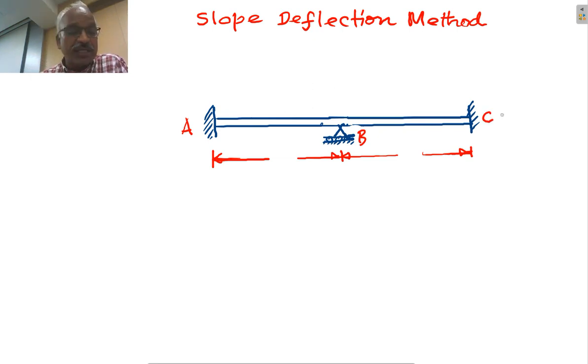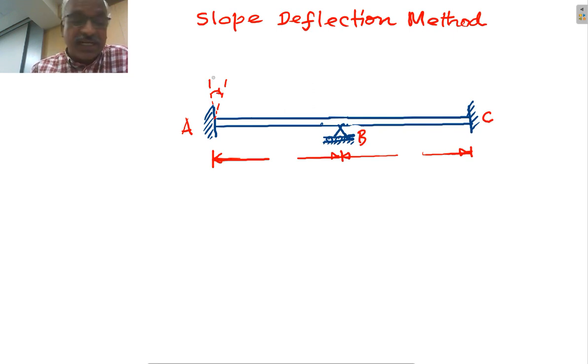Support A is undergoing a clockwise rotation. This is the vertical, and with respect to this, it undergoes a clockwise rotation. Clockwise rotation is positive, clockwise moments are positive.